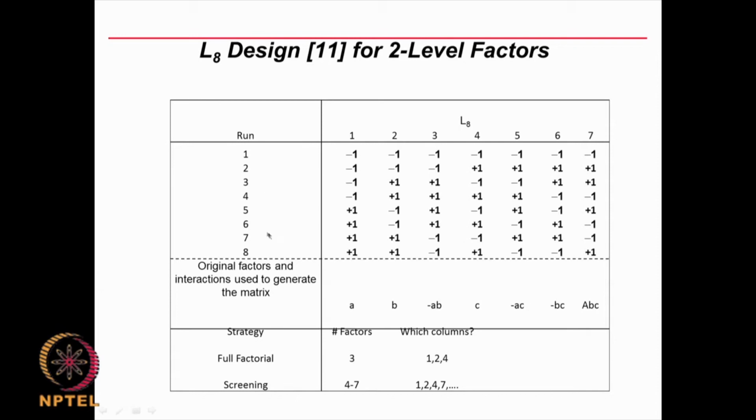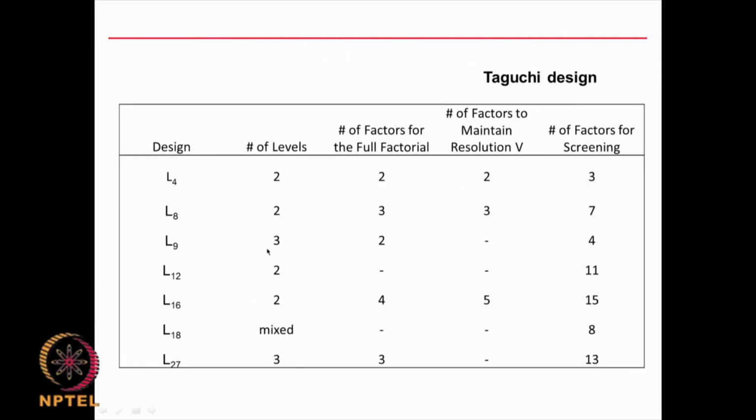So, the 8 tells you the number of experiments. In the L8 design, 2 levels, if I have 3 factors it becomes full factorial, right, 2 raised to the power 3 is also full factorial. But if I want to do screening I can go up to 7, it is almost like your Plackett-Burman. If I want resolution 5, then I stick to only 3 factors.